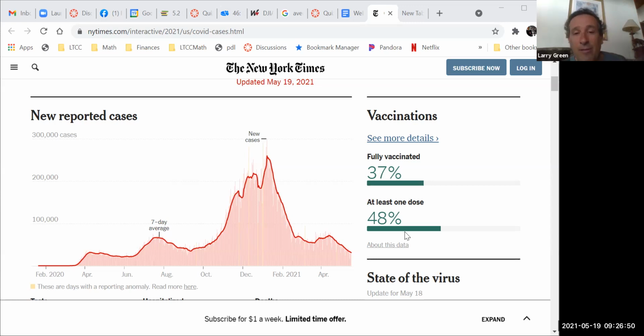Anyone know, by the way, on average, from the time someone gets it to the time that you're not so bad anymore? It turns out it averages 10 days. 10 days is the average. And I'm going to go by the average because that's the best I can do. Average seems to make sense for a model. So 10 days was the average amount of time.